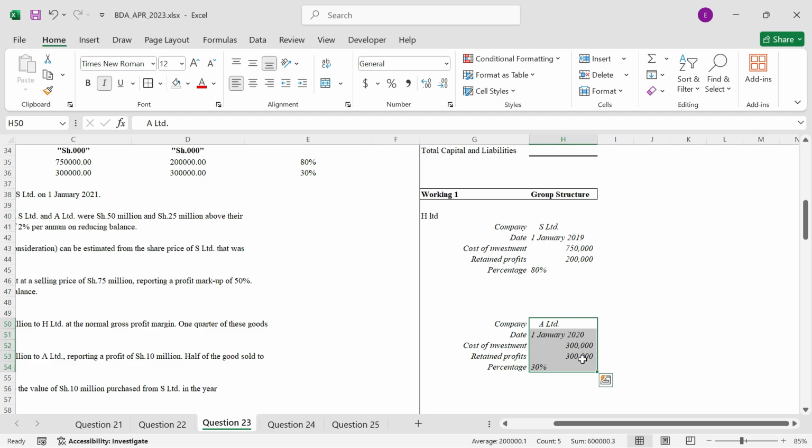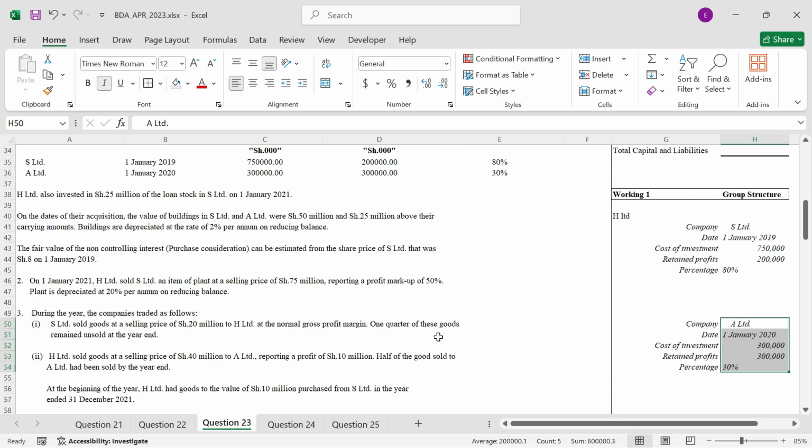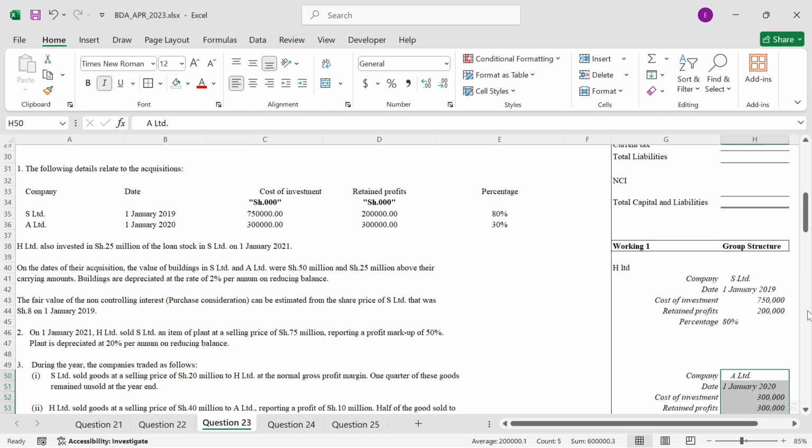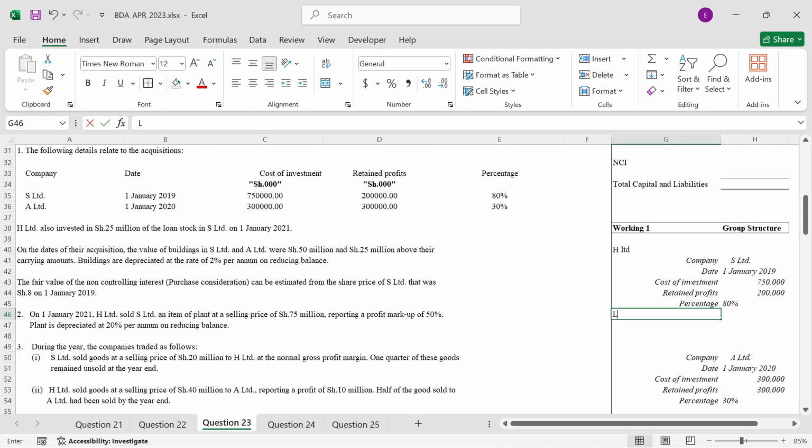We acquired 30%, so this is our associate. We are also told H invested in 25 million of loan stock of S in January 2021. So loan stock investment is 25 million.